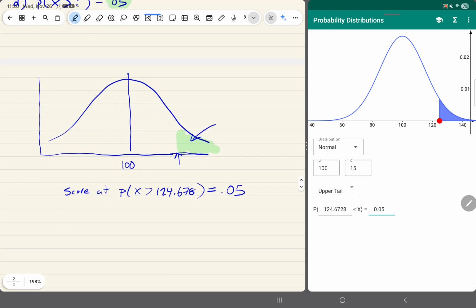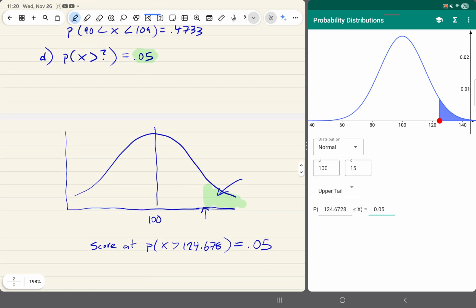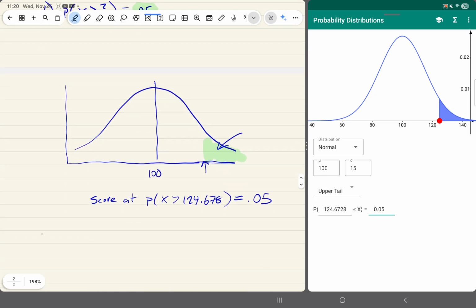All right, and then the last one, which would be E, I think, asks you to do the same thing. I'm not going to bother writing out the graph, but we're given a probability that x is, what is it, greater than? Oh no, that's less than this time.